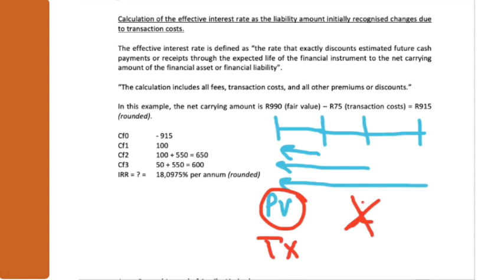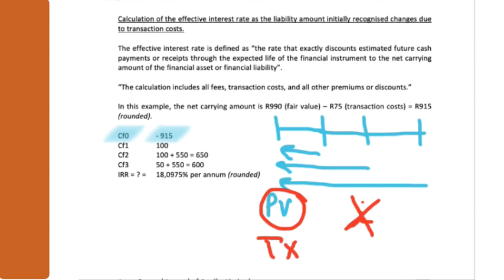All your other variables stay the same. It's only your day one PV that has changed. So if we now go to our calculator to calculate our new effective interest rate, in this case, we will enter something as cash flow naught. The reason is that we now know what our day one value is.